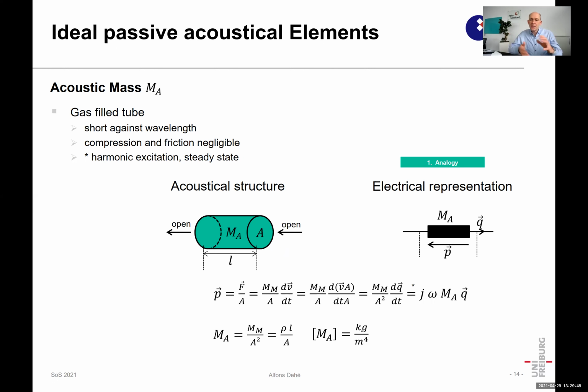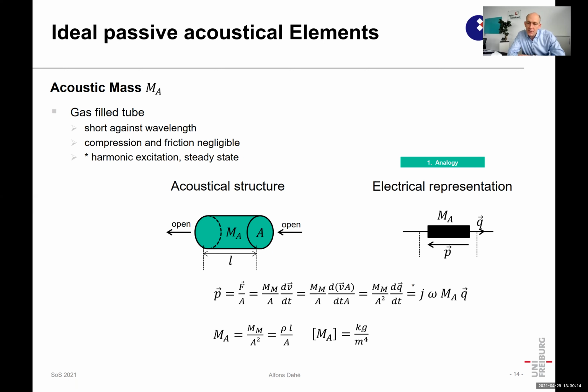So this is the mass which will be accelerated due to any acoustical actuation. This is an ideal mass, so we don't check for the compression and friction inside this cylinder. And of course, we always have harmonic excitation in mind and steady state, so everything is stabilized.